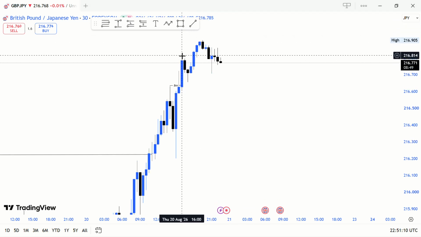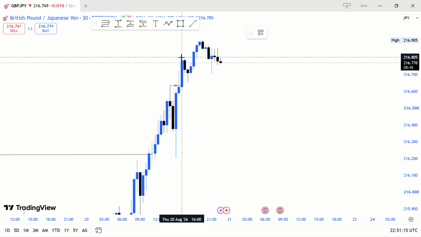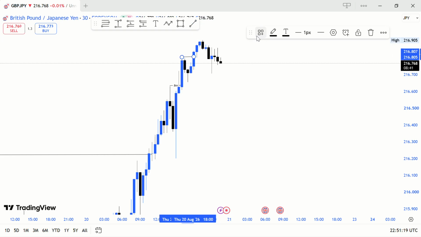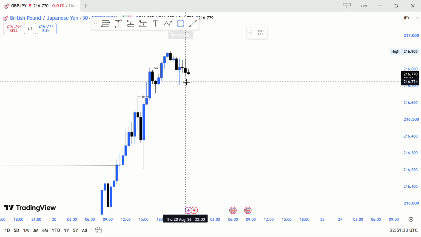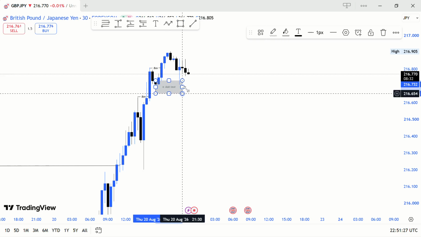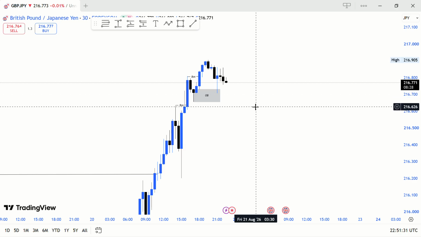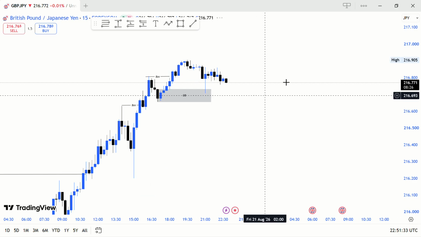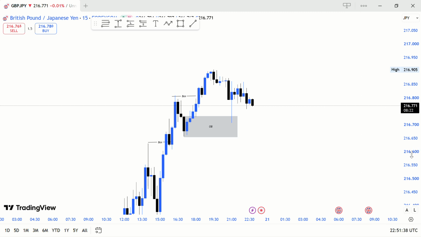And I got this move to your side, and price mitigated it from the 30 minutes time frame. And move on to the 15 minutes time frame. All in check.